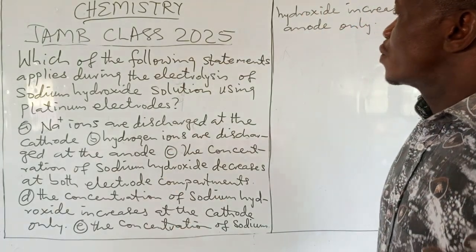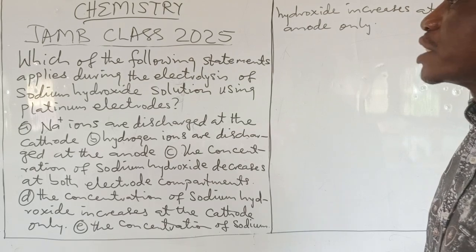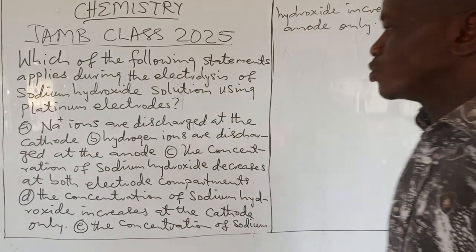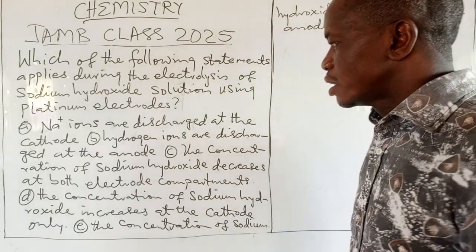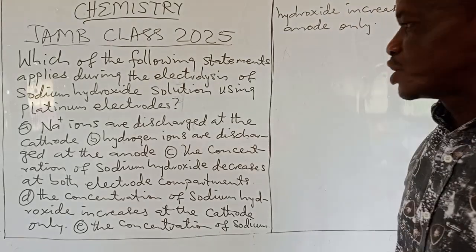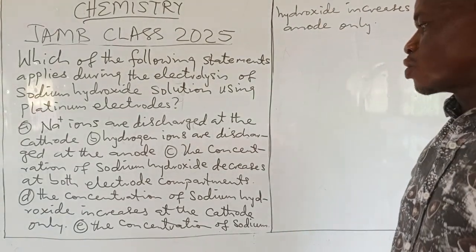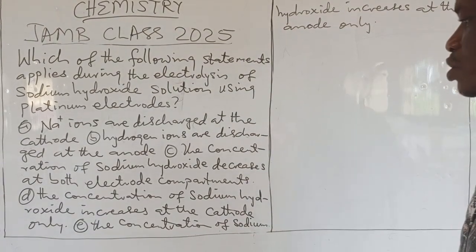Which of the following statements applies during the electrolysis of sodium hydroxide solution using platinum electrode? A. Sodium ions are discharged at the cathode. B. Hydrogen ions are discharged at the anode.